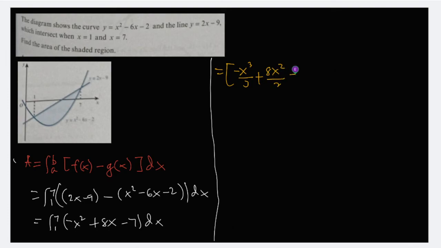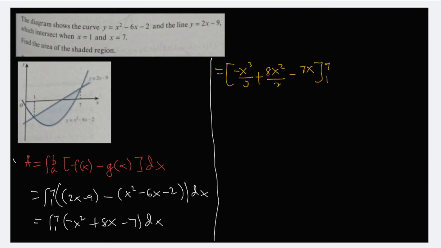Minus, so integration of a constant, as always, just add x. That will be 7x. So we need to put the limits here. The limits are 1 to 7.